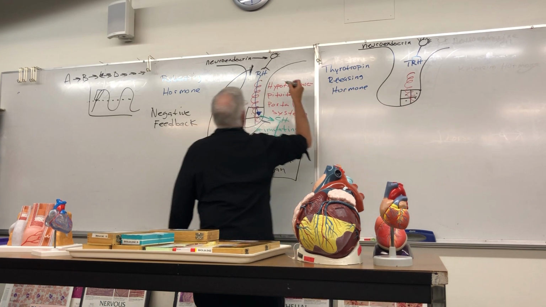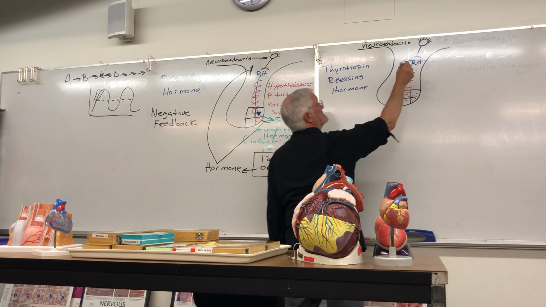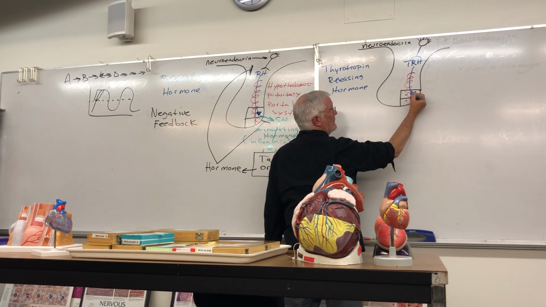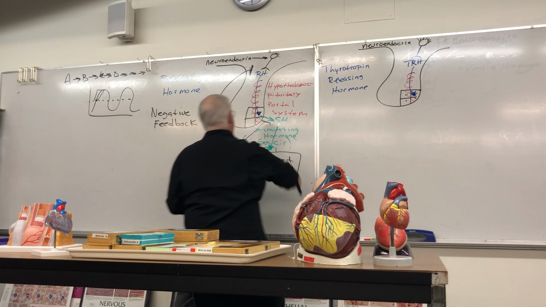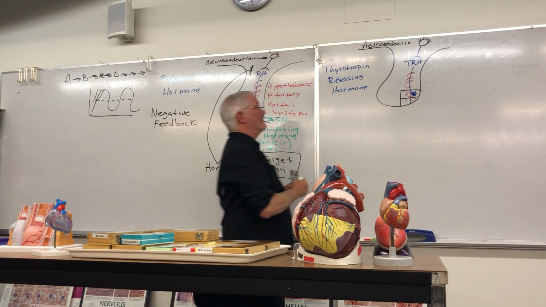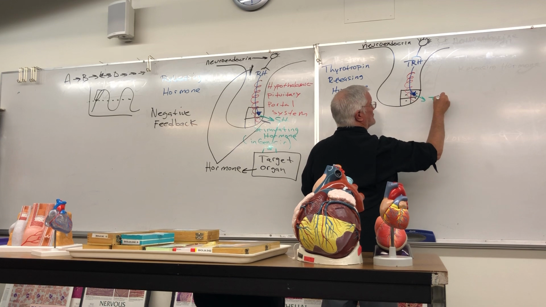I'm going to show it traveling through the portal system, getting to the cells of the anterior pituitary. So there is traveling through it. I don't care which of these cells you have it go on to. And I know from the template idea that it's going to cause the release of some kind of a stimulating hormone. Well, in this case, it's going to cause the release of what's called TSH.